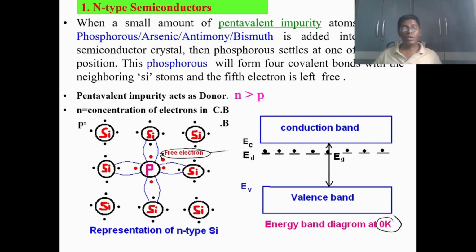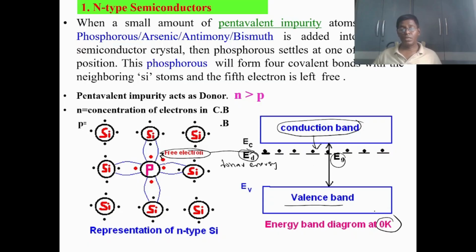This free electron creates a new energy level. This is called the donor energy level. This level exists just immediately below the bottom of the conduction band, and this is the valence band and this is the conduction band, and this is the energy gap between the valence band and conduction band.